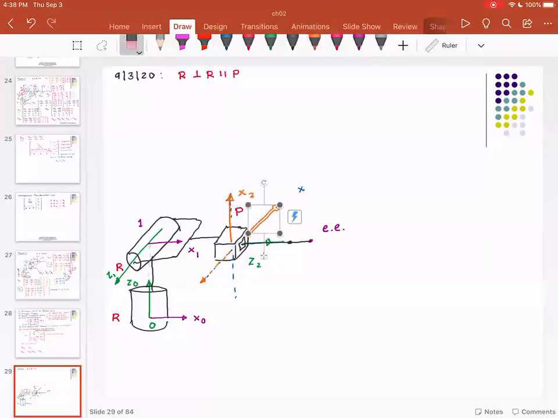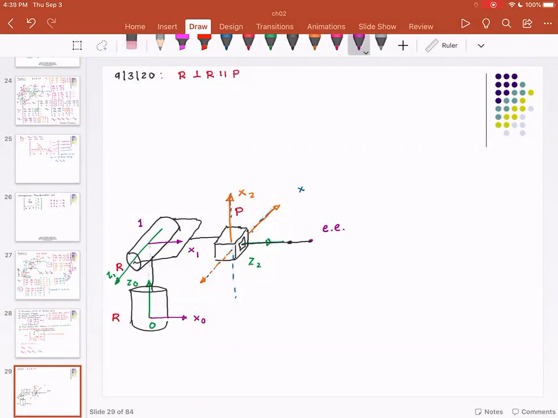So check this out. I want my x2 to be perpendicular to z2. I want my x2 to be perpendicular to z1. So in this particular configuration, please note, and I have to write this down, x2 is perpendicular to z1 and z2.